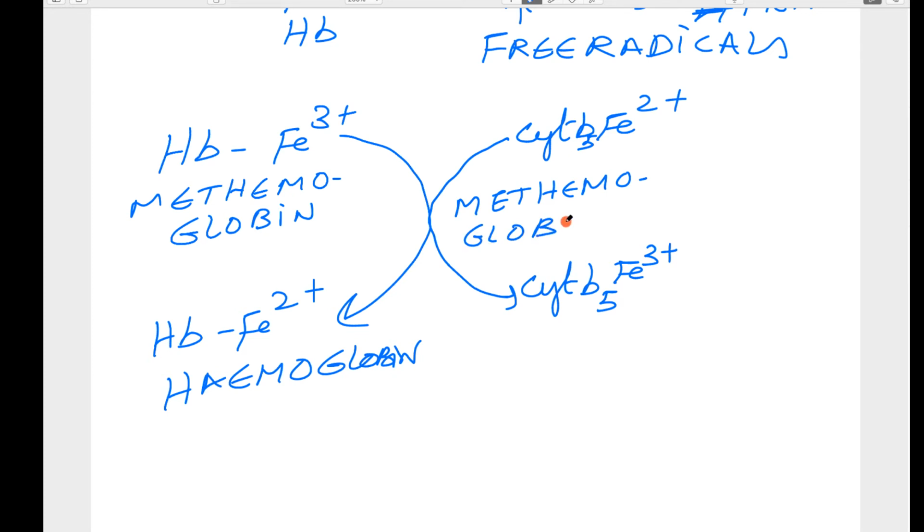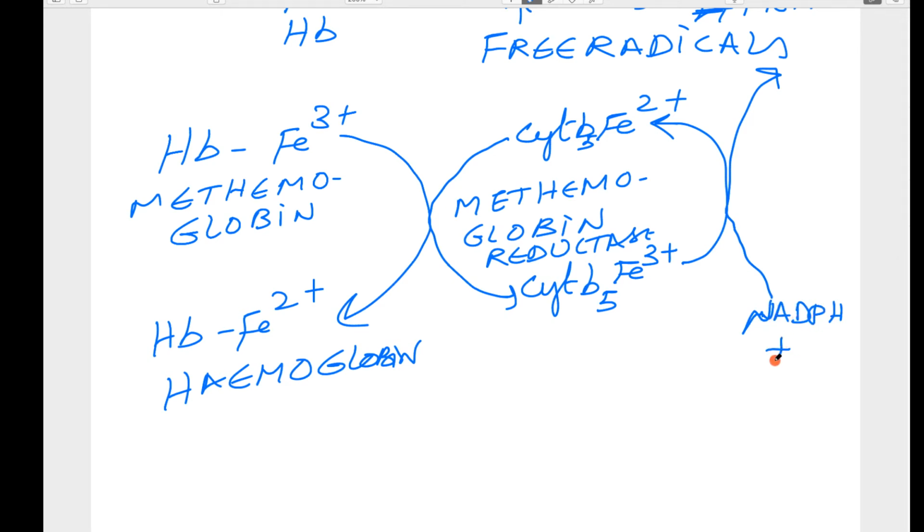This has to be converted back to Fe2 plus. It is helped by NADPH plus H plus, converted to NADP plus. But it is not entirely NADPH acting as the coenzyme. NADPH contributes only 30%. The remaining is NADH.